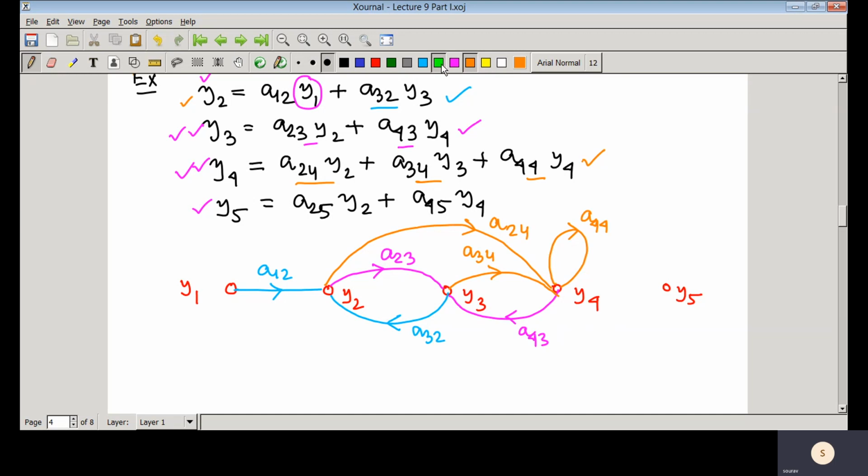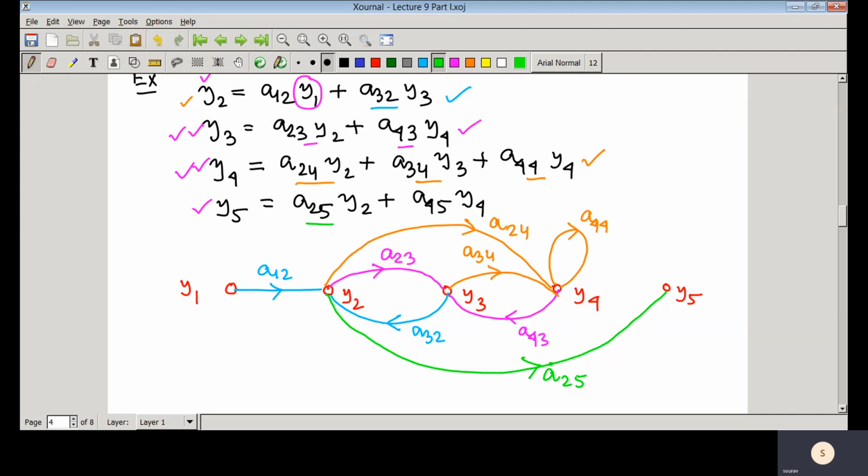And the last one is Y5. So Y5 equal to A25 into Y2. A25 into Y2 means there would be a branch, signal is flowing along that direction. So do not forget to give that arrow direction, because it indicates from which node to which node the signal is flowing.